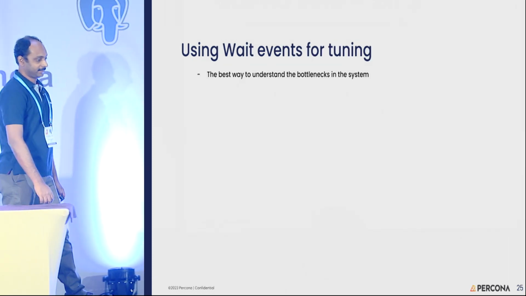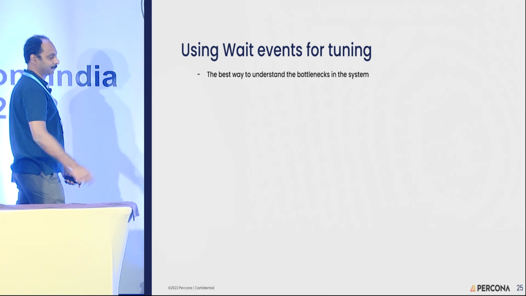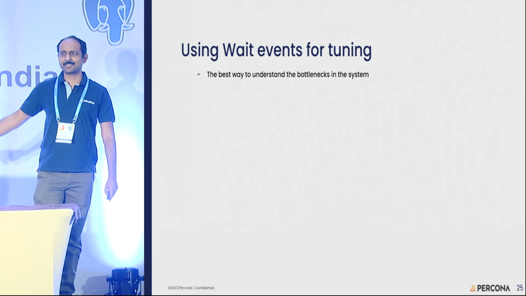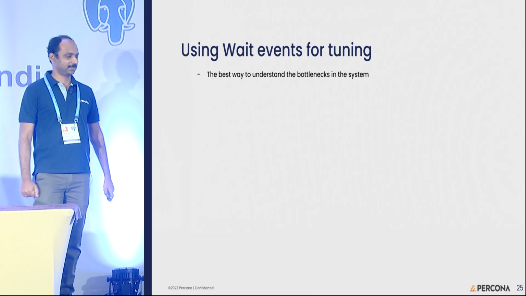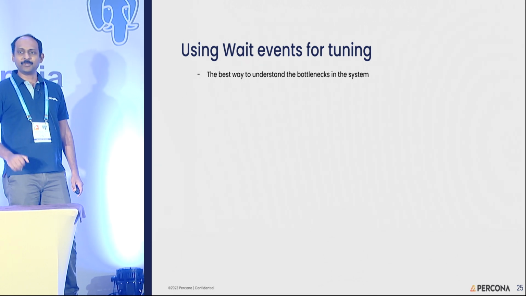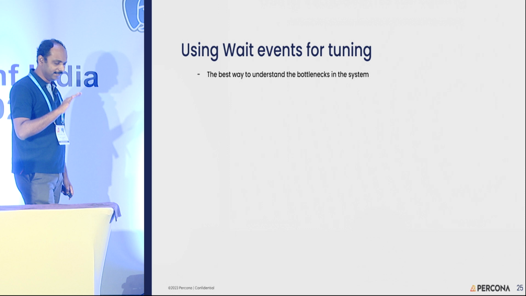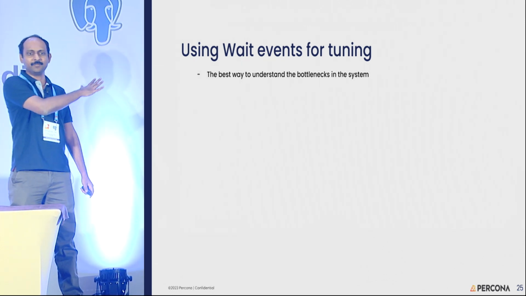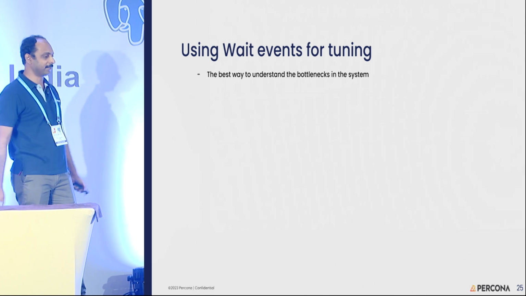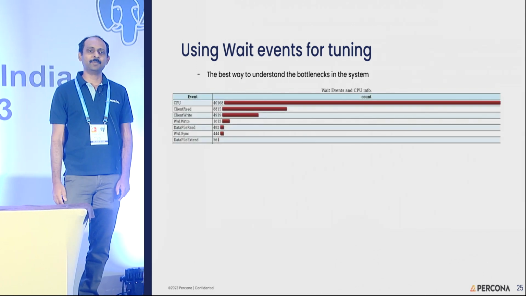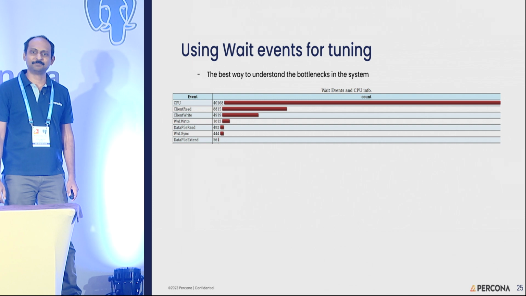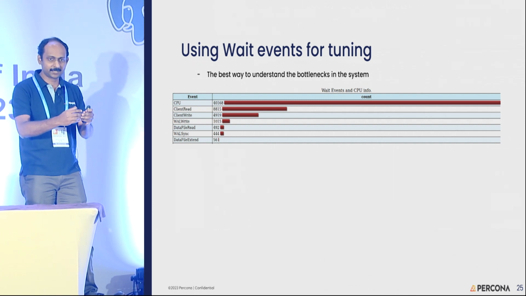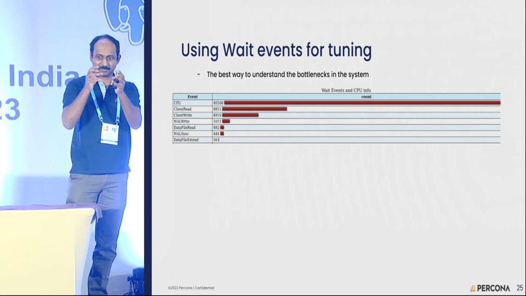Okay, and coming to the wait events for tuning. I think there was another session by somebody about wait events, and the beauty is that you don't have to use any tool or any special service for understanding the wait events. It's damn simple because it is available in pg_stat_activity. You just need a script which can take that out and present it to you.